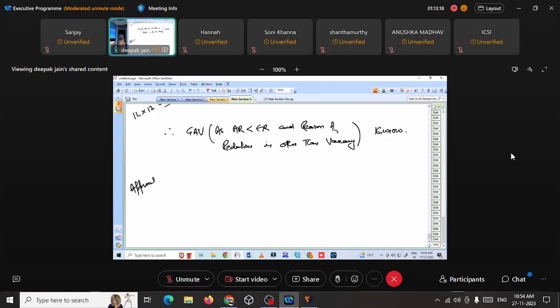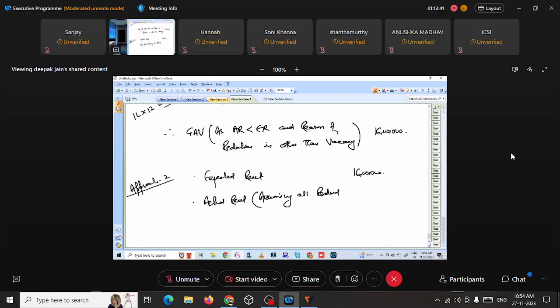Approach 2 says: expected rent for whole year. How much is the expected rent? 16 lakh. Actual rent, assuming all realized, so 1 lakh into 9, 9 lakh.